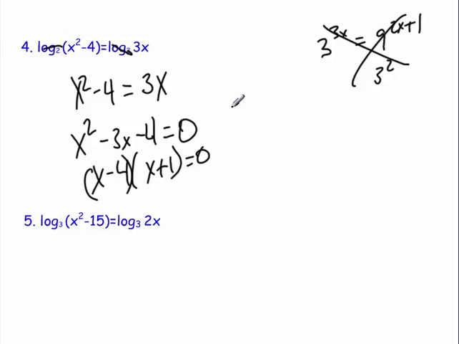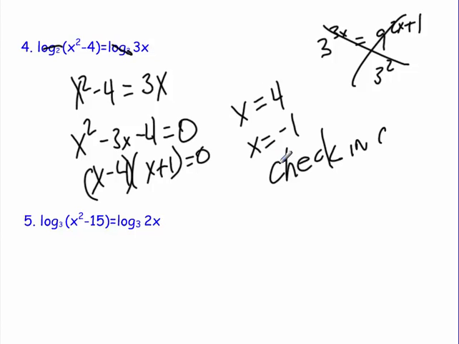So my two answers are x equals 4 and x equals negative 1. Now, we are going to have to check these, but we'll talk about that in class. For right now, these are your answers, but don't think for a second we're not checking them. We're just going to check in class to keep this video as short as possible.